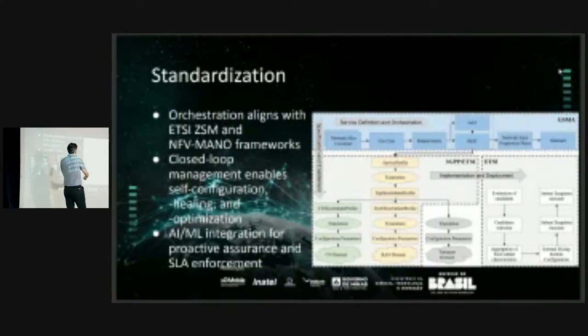This second part of the figure is more the domain of the 3GPP. The 3GPP defines more specifications considering the different domains: the core domain, the RAN domain, and the transport domain. It is more specific, and an important part is the translator. Because, okay, one tenant requests megabits per second.